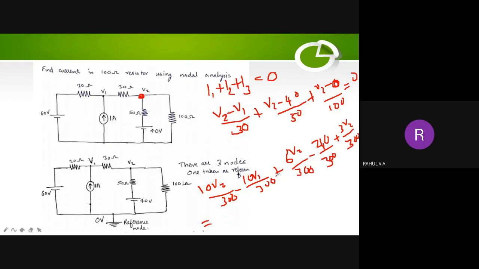So totally you will get 19V2 minus 10V1 is equal to 240. That will be your second equation. Both equations you can substitute into your calculator and find the answer.